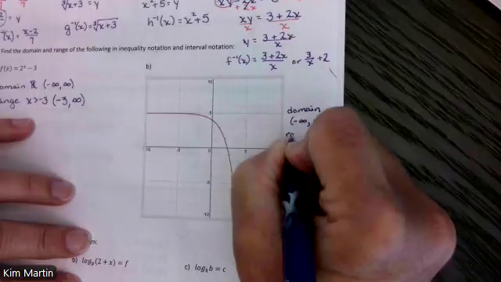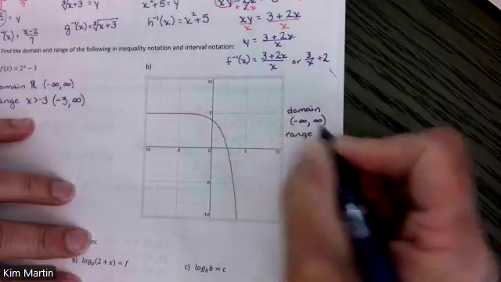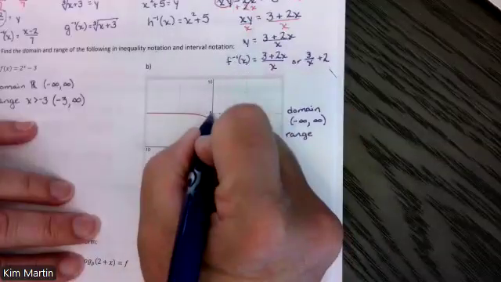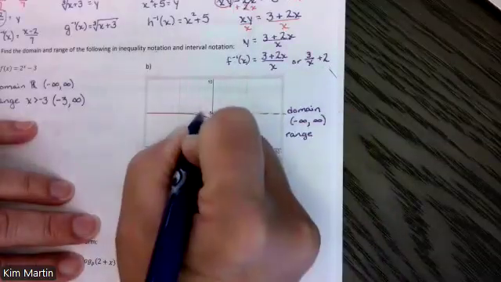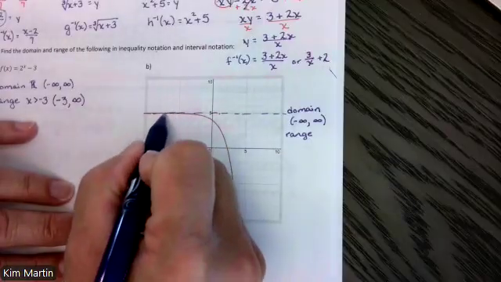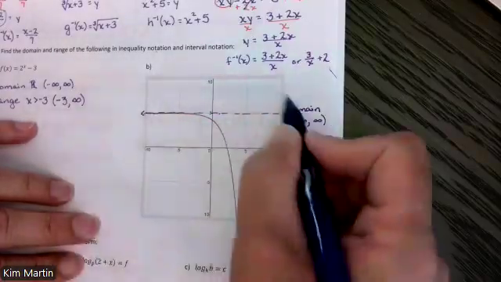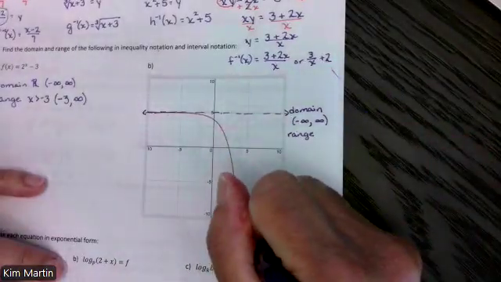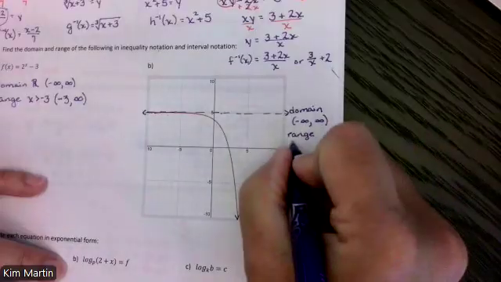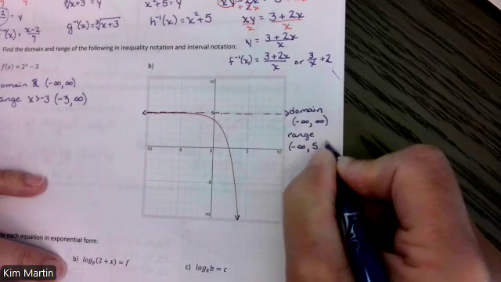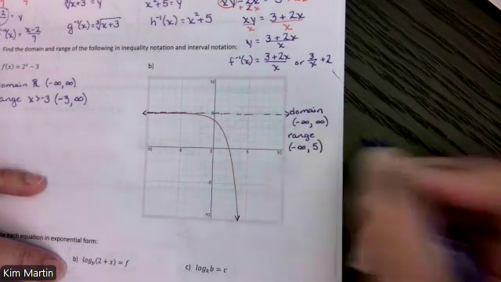The range is what changes. The range only goes up to this 5. There's actually a horizontal asymptote at 5. It's just a pixel problem here. It doesn't touch that 5, it approaches it. But we use all of these values down here. So negative infinity up to 5, but it approaches 5 and doesn't actually touch it.